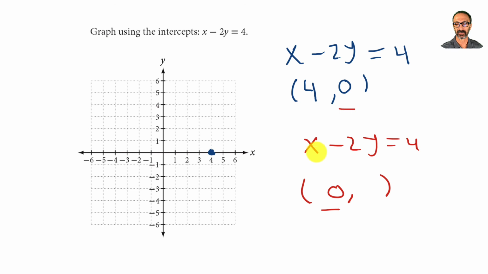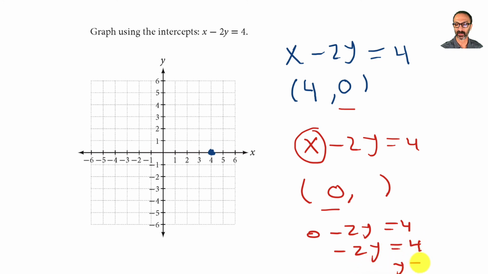If x is 0, the first part is gone, which means I have 0 minus 2y equals 4, so negative 2y equals 4. Divide by negative 2 on both sides and you end up with y equals negative 2. To double check, negative 2 times negative 2 is positive 4. So when x is 0, y is negative 2.